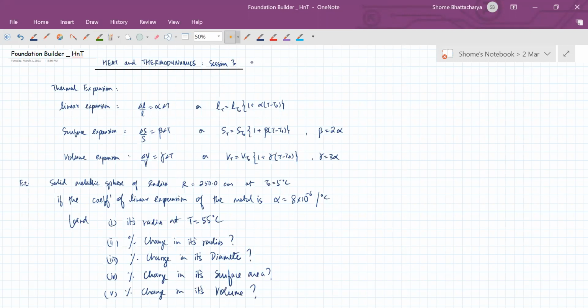Let's understand this question. So the formulae that you require for this are all above. So just try this question out quickly. We'll discuss.